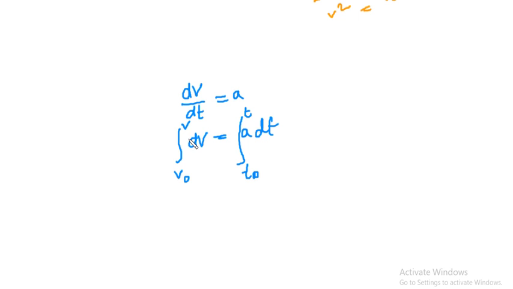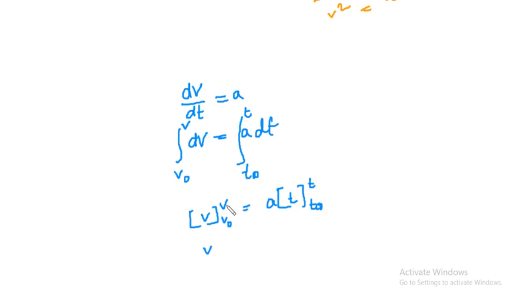Now when we do integration of dv only, we get v, and we have to write the limit like this, v0 to v, equal to a. A is constant, so it will come out of the integration sign, and then we will have just dt with limit t0 to t, and I have written it in third brackets. That means I have to put these limits.